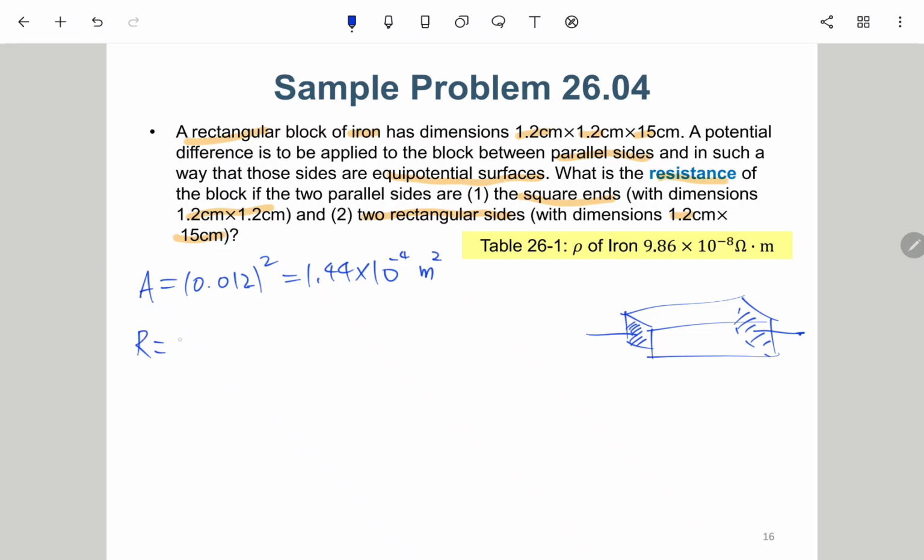So R will be rho L over A, which is 9.86 times 10 to the negative 8th power times 0.15. This is 1.2, 1.2, and this is 15, all in centimeters.